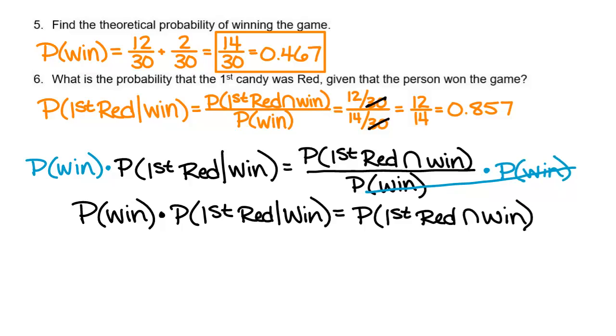In this case, we're going to call this event A, and we multiply it by the probability of B given A. If you want the probability of the intersection, you can take the probability of your condition times the probability of event B given your condition. Using some basic algebra here.